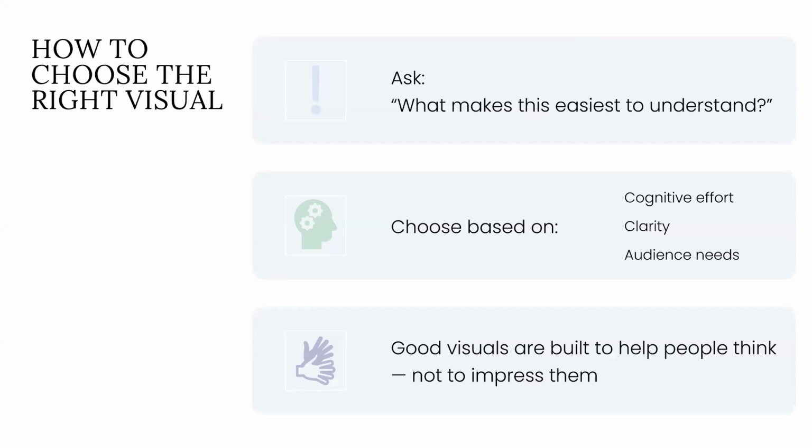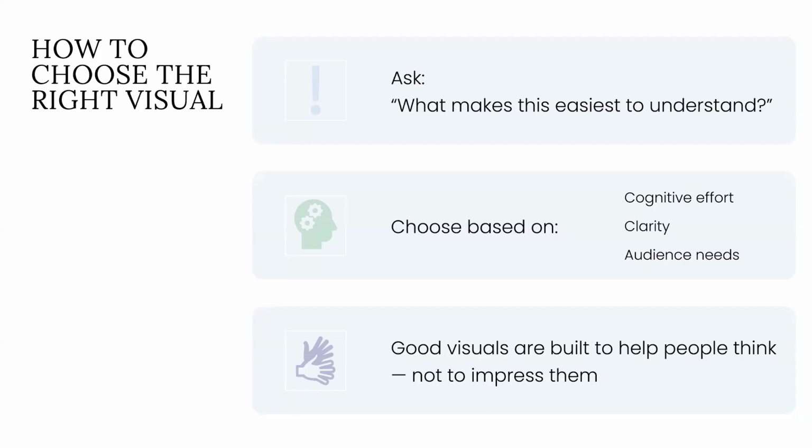The correct visual is not defined by software defaults or stylistic trends. It's defined by human cognition. The best visual is the one that is easiest for audiences to read, interpret, and understand. Effective selection follows a simple principle.